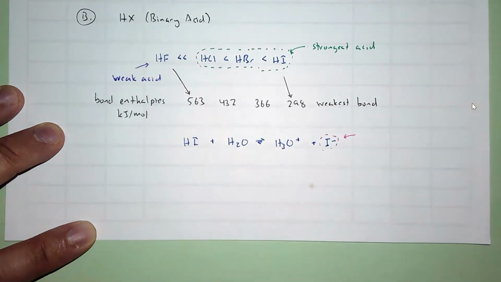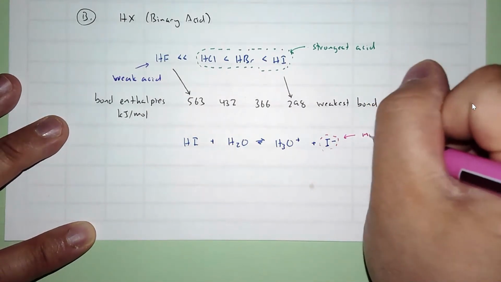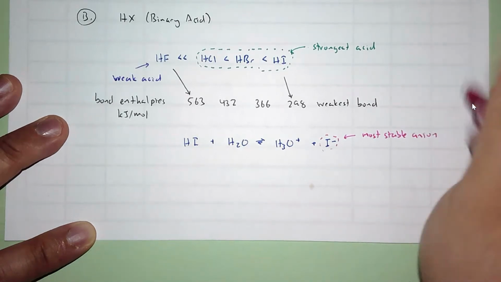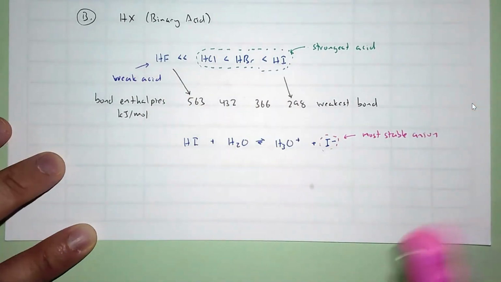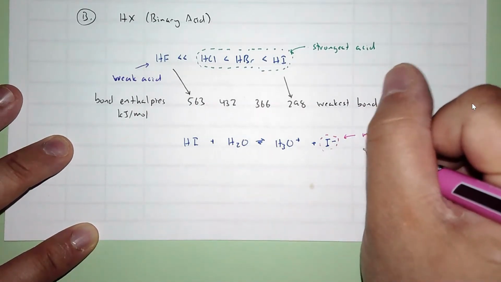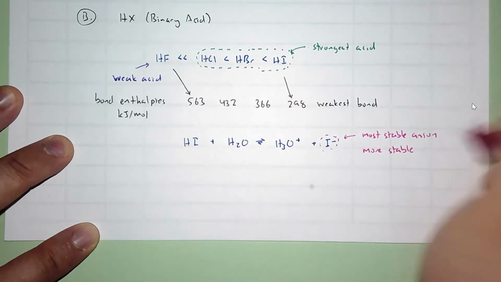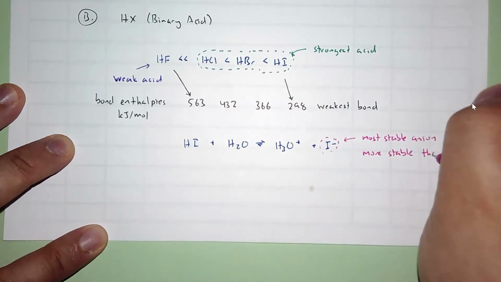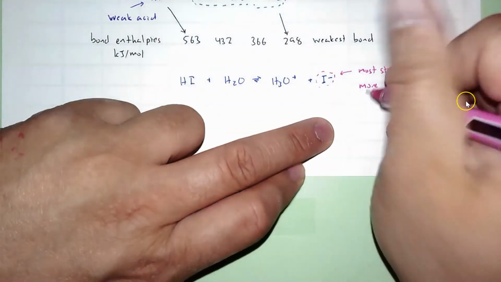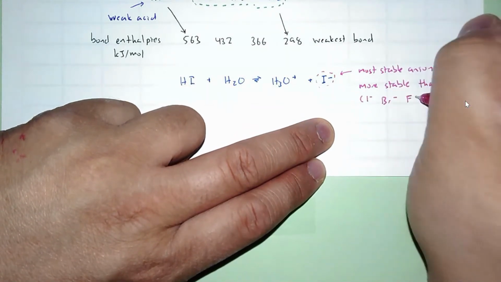Out of all the anions from this set of acids, I- is the most stable anion out of these possible four. Just so we see the list, it is more stable than the other three, Cl-, Br-, and F-.